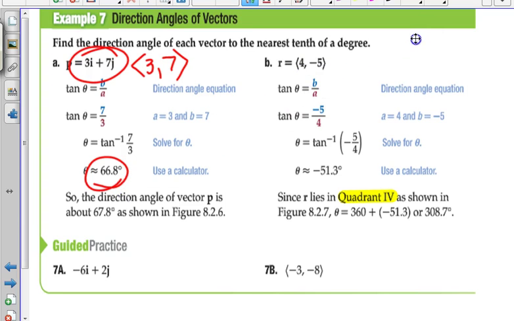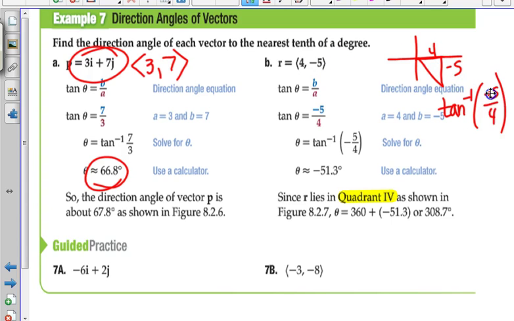4, -5. What quadrant is that in? 4, -5, right? How would I do inverse tangent? Tangent is always what over what, guys? Opposite over adjacent, or y over x? Using the original point, we could just do y over x.